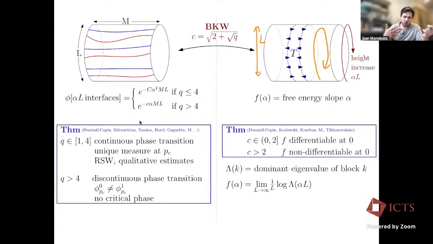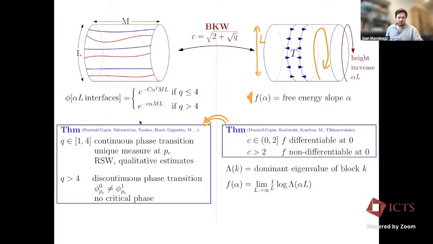And an explicit computation shows you that this function f, the free energy, is differentiable at 0 for C between 0 and 2, and non-differentiable for C larger than 2. And this is what was used to imply that the phase transition for Fk is continuous or discontinuous in the two regimes.